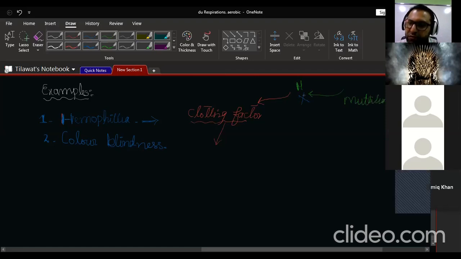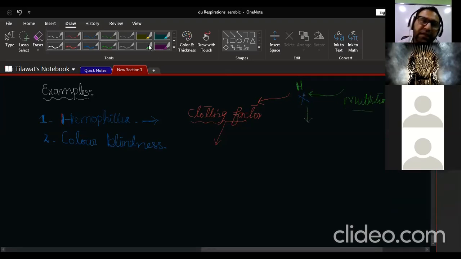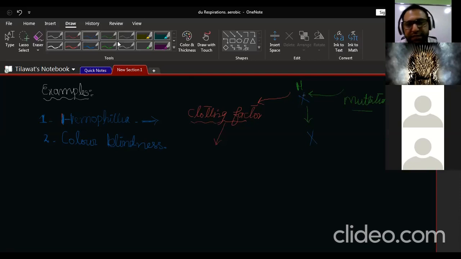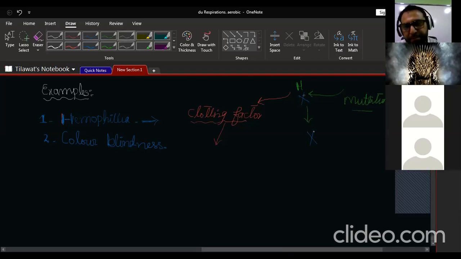This gene will convert into what? Mutated form. That will not code for this normal clotting protein factor that causes blood clotting.